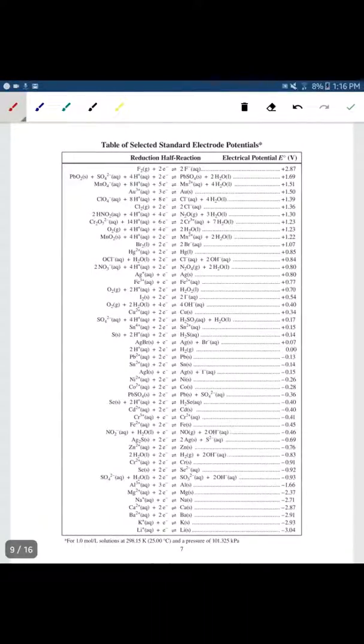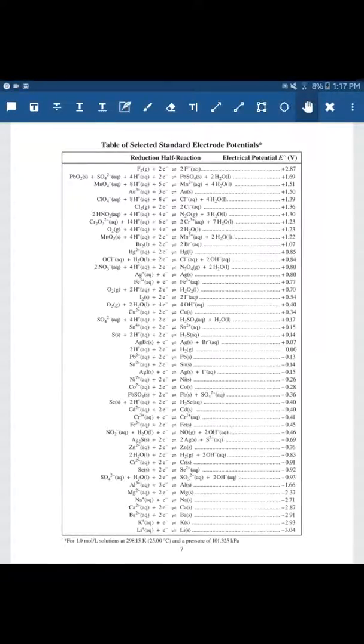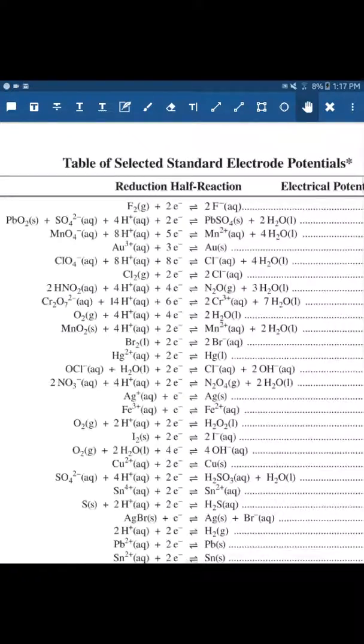Okay, here's where we get into a little bit more of the nitty-gritty. This would be the table that we use primarily in our electrochemistry unit. So when we're dealing with anodes and cathodes and things like that, generally I use the acronym oil rig. Okay, so I always will write down that oil rig at the top of my page.